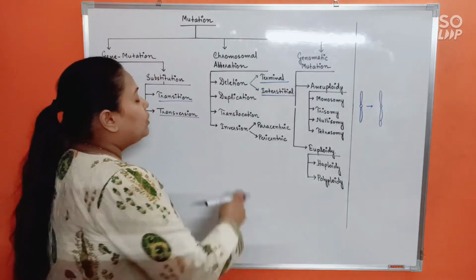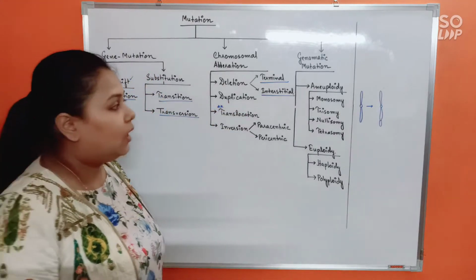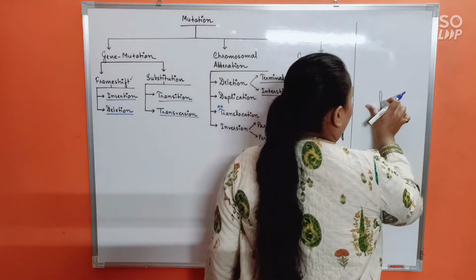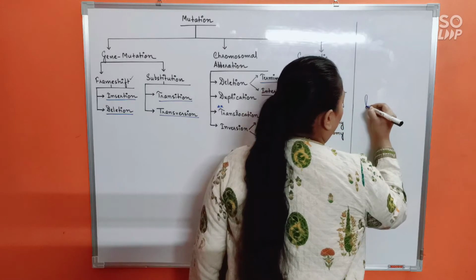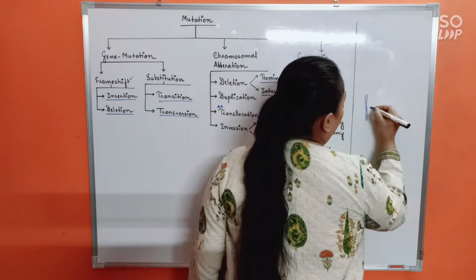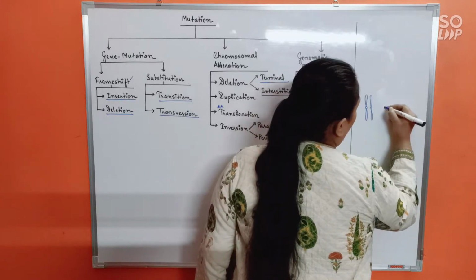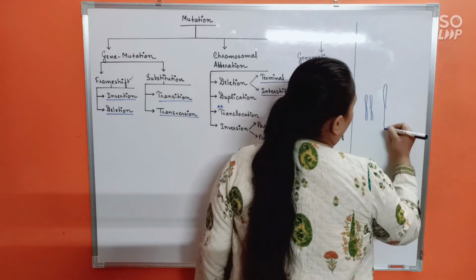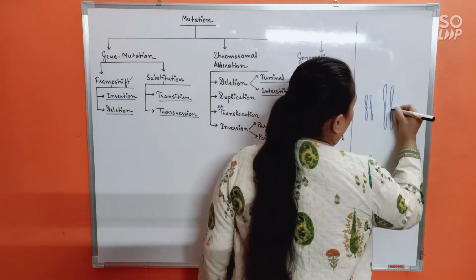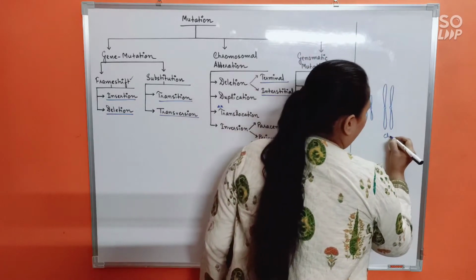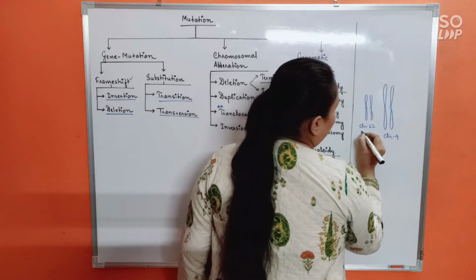Fine. Now, translocation, very, very important. In translocation, what will happen, you see? Suppose this is chromosome 9 of human beings and this is chromosome 22.